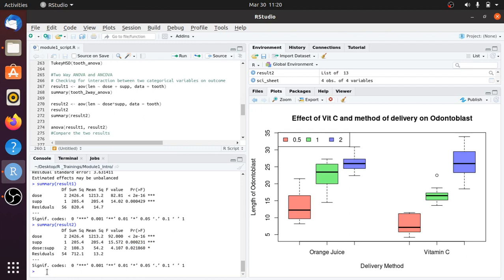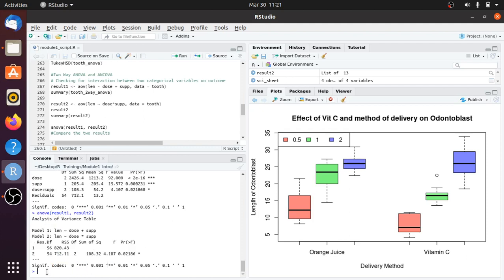Now let's use ANOVA on the two results to compare them. We say anova. Remember the previous checking, just ANOVA on its own, we use AOV. Then anova of result 1, result 2. Check what it is giving you now. That's model 1, length dependent on dose plus sub.